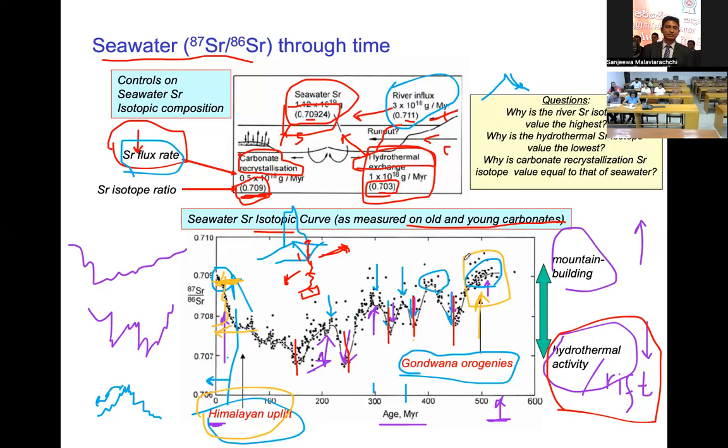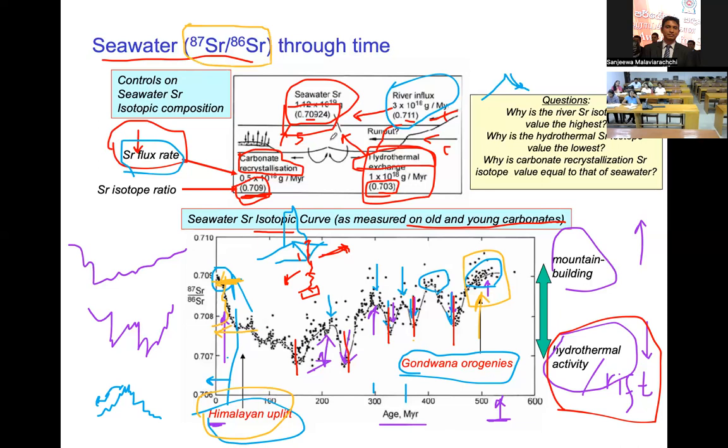So this is how the seawater strontium isotopic composition changes throughout time. Many people have an interest in studying strontium isotopic composition in seawater, because there are a lot of activities there, like carbonates, fossils, shells, and hydrothermal activities.